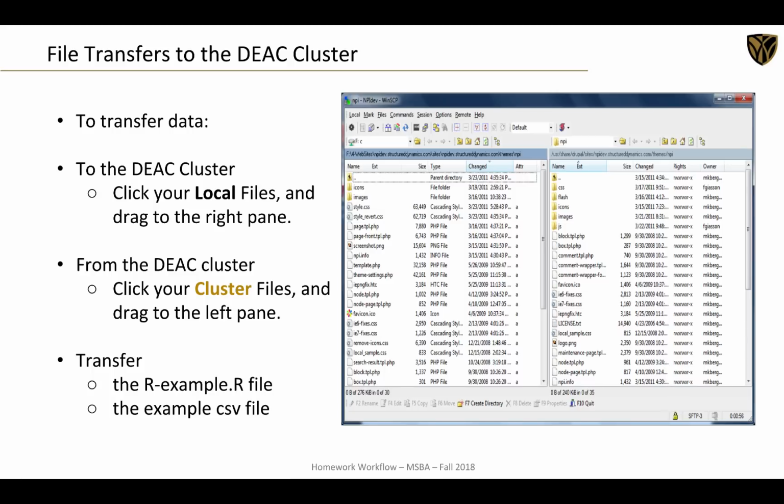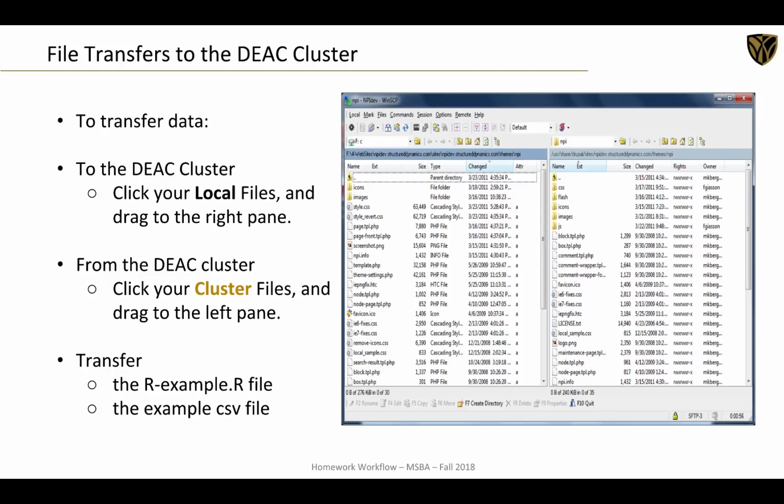WinSCP can be used to move data to or from the DEAC cluster. To move data to the cluster, click your local files in the left pane and drag them to the right. To move data from the cluster, click your cluster files in the right pane and drag them to the left.